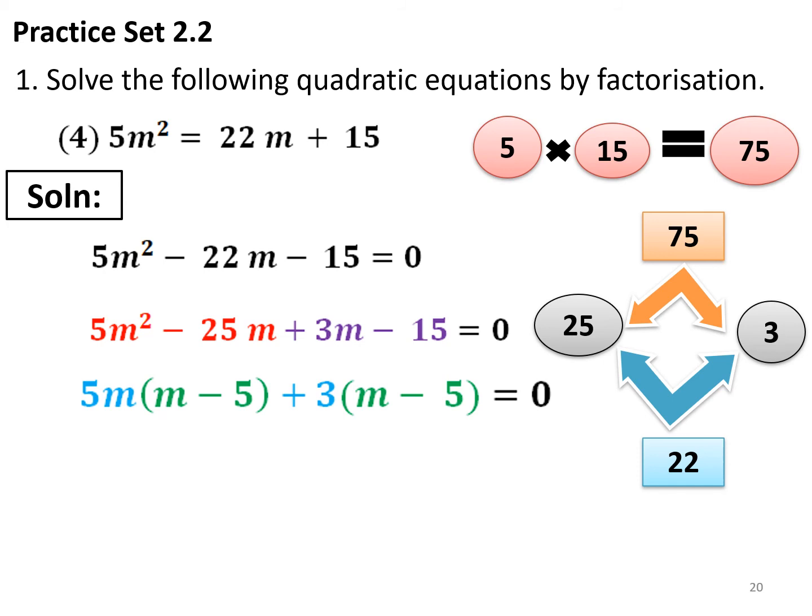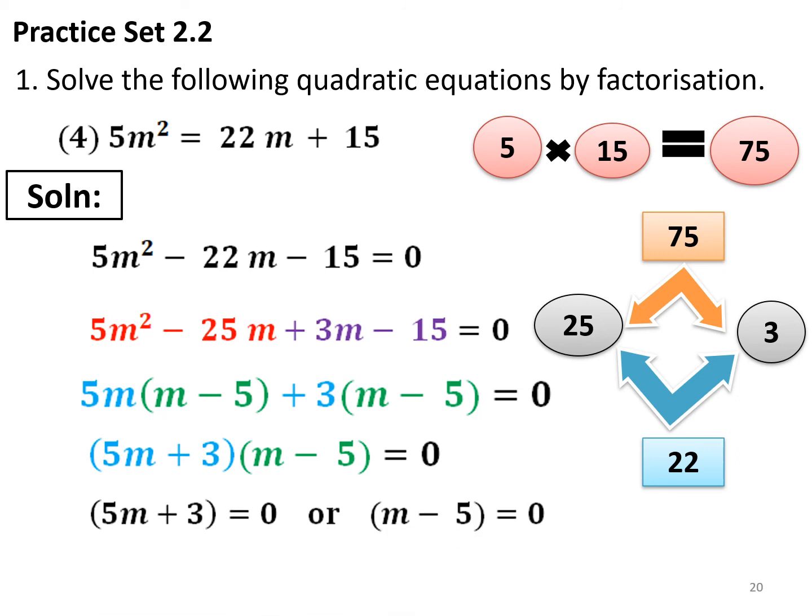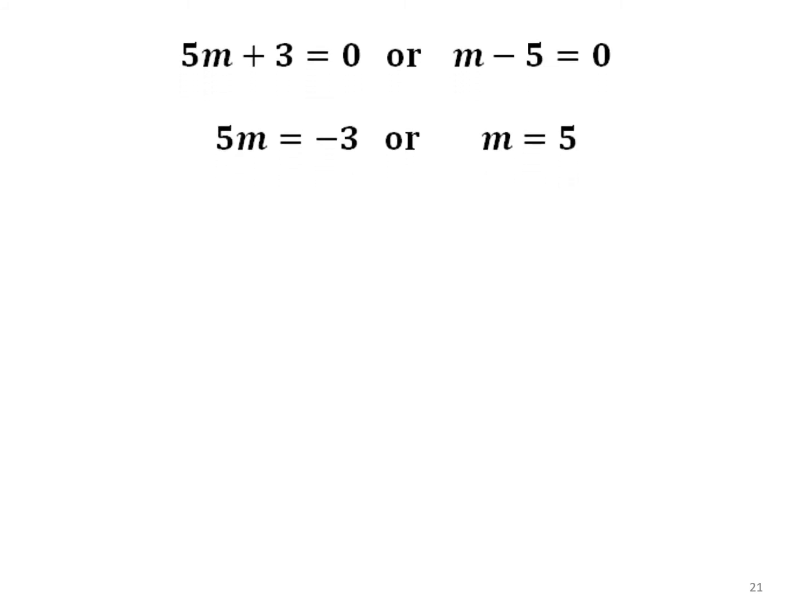5m(m − 5) + 3(m − 5) = 0. Therefore, (5m + 3)(m − 5) = 0. 5m + 3 = 0, or m − 5 = 0. 5m = −3, or m = 5. m = −3/5, or m = 5.